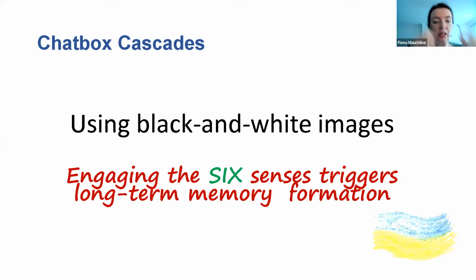So if you use color images, it's better for memory games, right? The memory games have strong colors. The color will fix in the mind, but it will occupy some of the imagination.